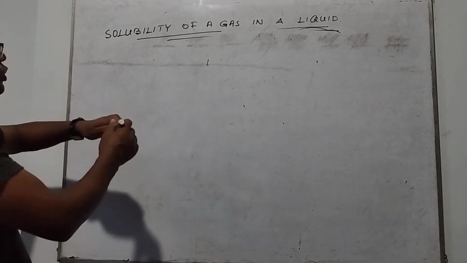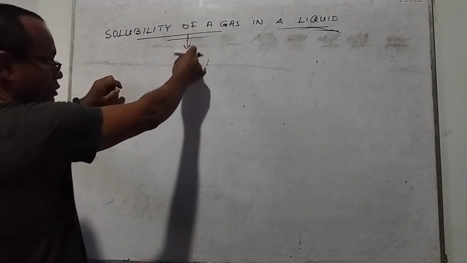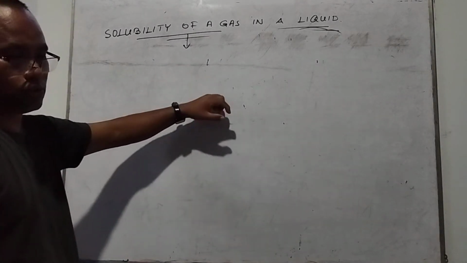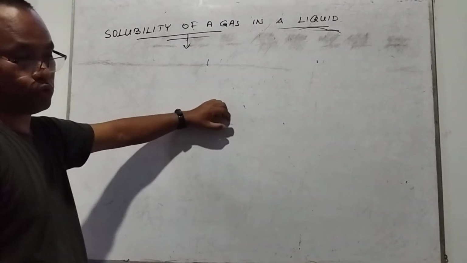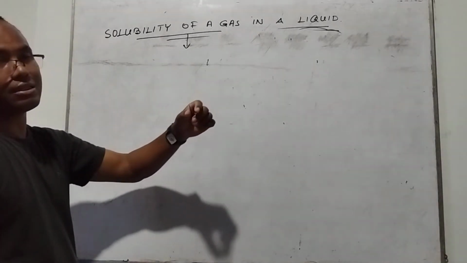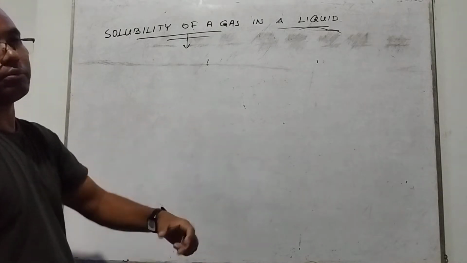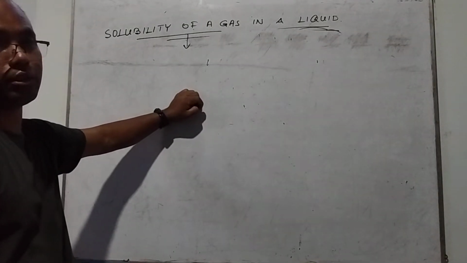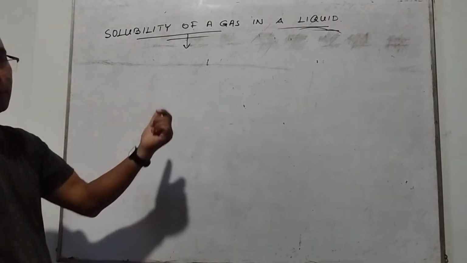So solubility, as we define, is the degree of dissolution. Degree of dissolution means how much the substance can dissolve.